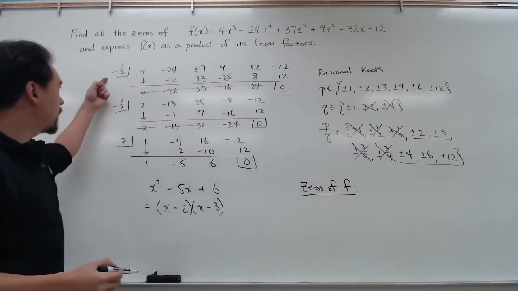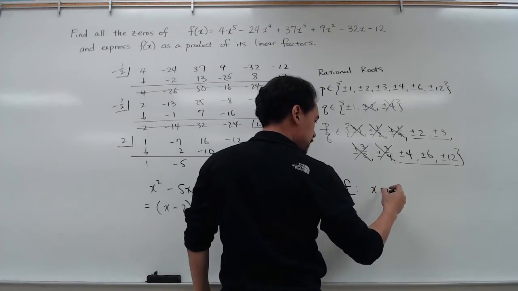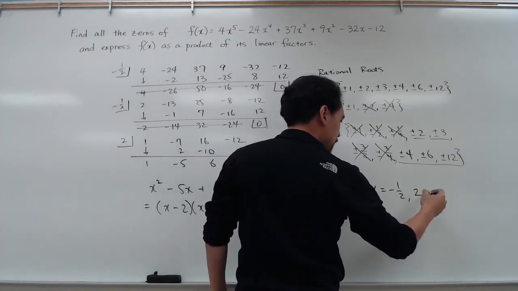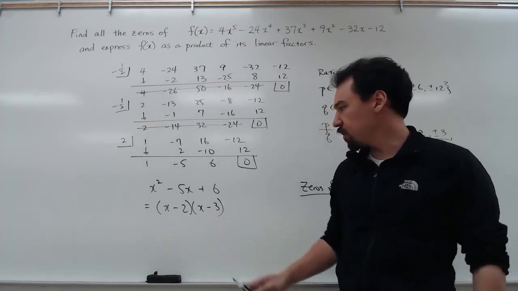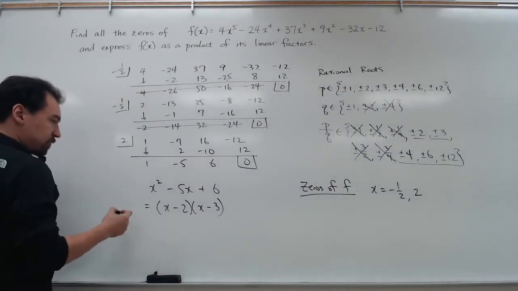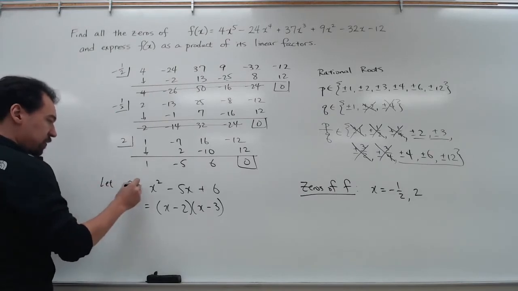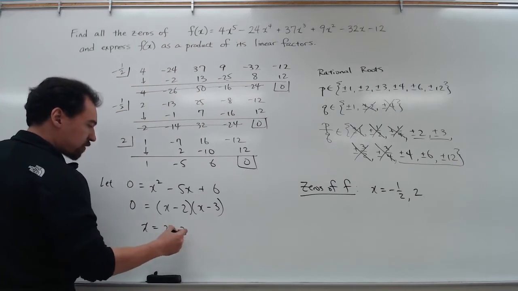So what I know, I'm going to say the zeros of f. I found -1/2 and 2. So -1/2 and 2. And then I found another 2. Why am I saying 2 here? Because if I were to let this equal 0, right? I can say let 0 equals this, which means 0 equals that, which means I would get x equals 2 or 3.